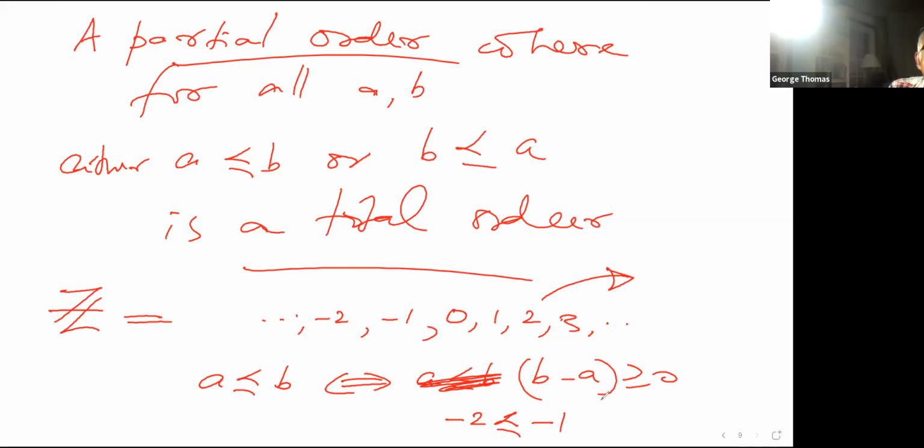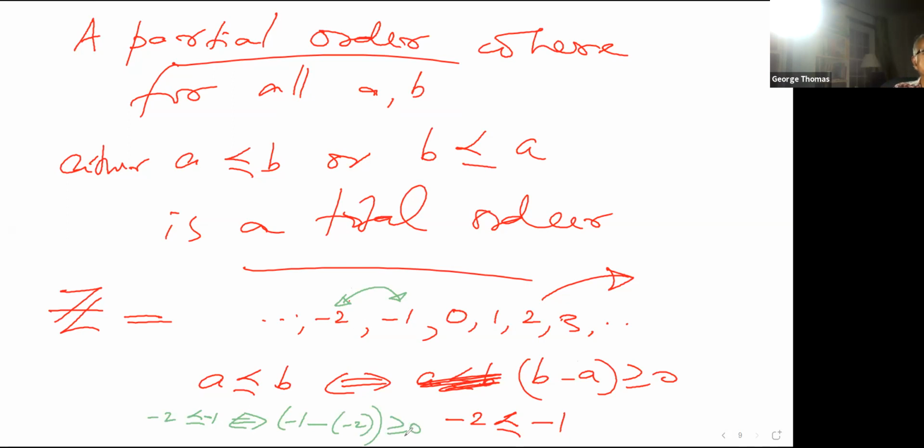Is B minus A greater than or equal to 0? Is -2 less than or equal to -1? What's the condition? -2 is less than or equal to -1 if and only if -1 minus -2 is greater than or equal to 0.